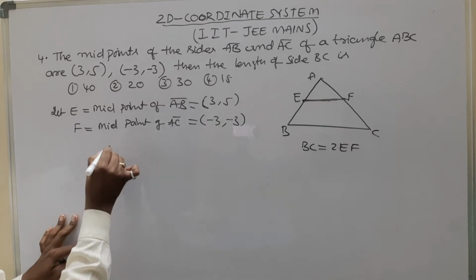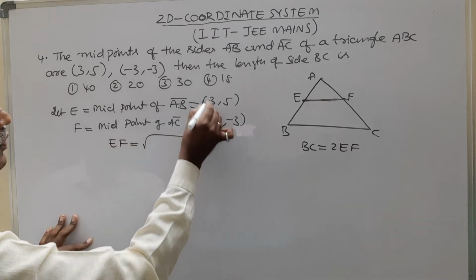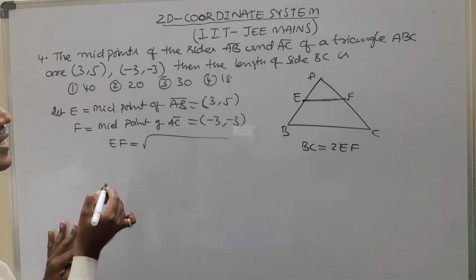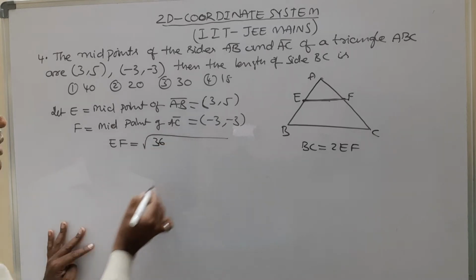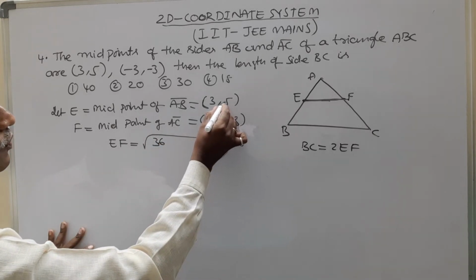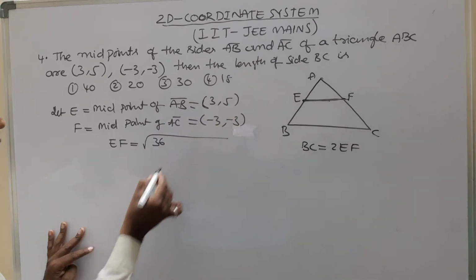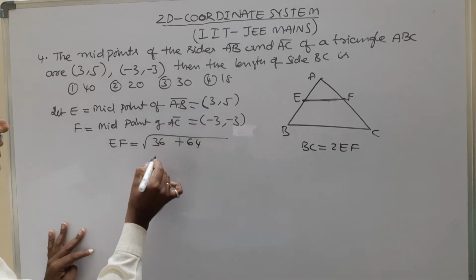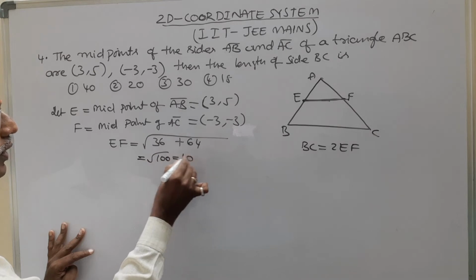To find the EF distance: square root of (3 minus of minus 3) is 3 plus 3, 6, 6 square is 36. Then 5 minus of minus 3 is 5 plus 3, 8, 8 square is 64. 64 plus 36 is 100. Root 100 equals 10.